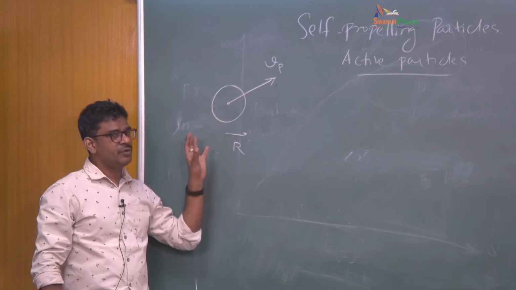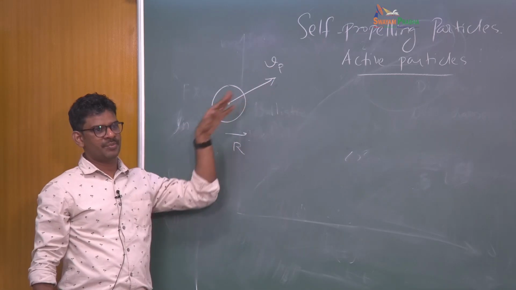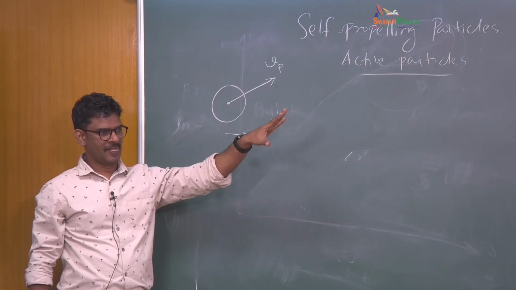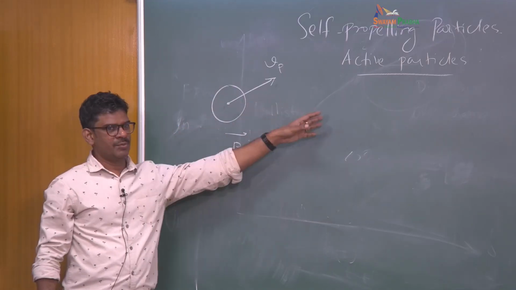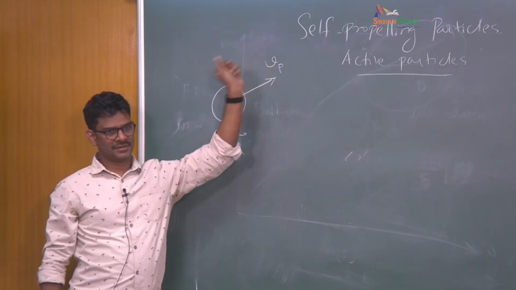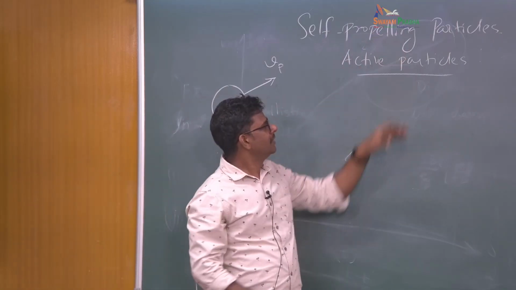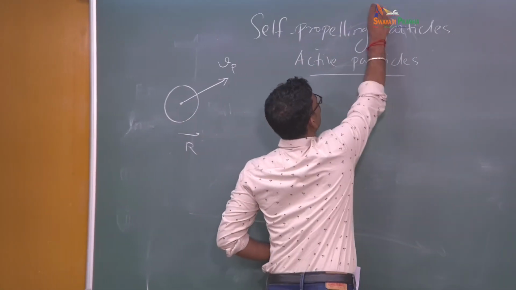This particle is able to generate enough thrust within, so that in this chosen direction the particle can have a constant velocity. At another time the particle may move somewhere else and it may change the orientation. In that direction it will go. So that's what is called an active particle or self-propelling particle. So what you have here is a Brownian particle.